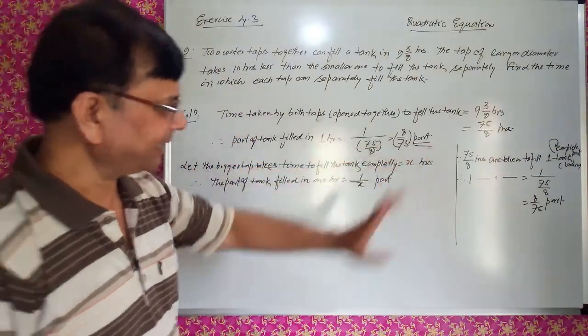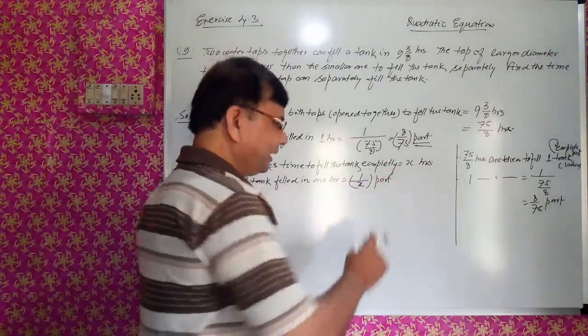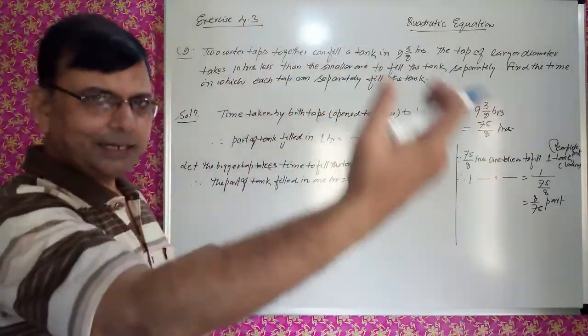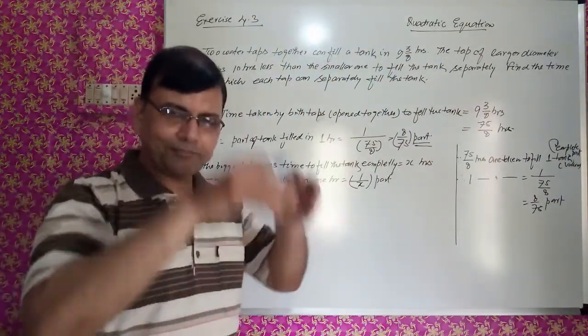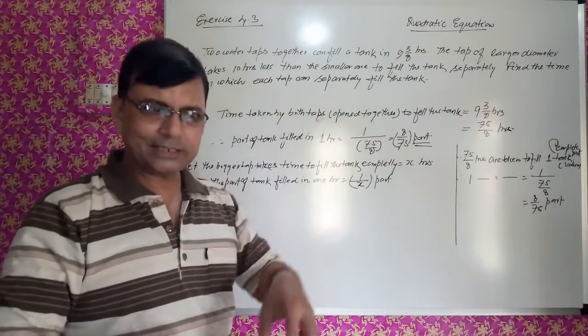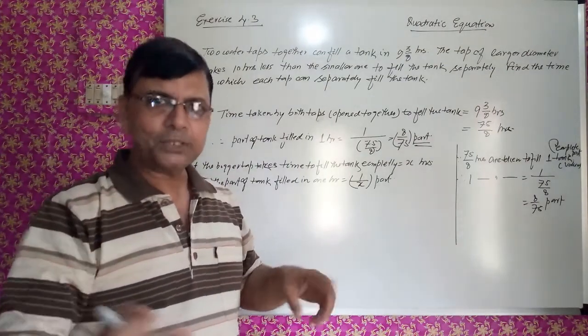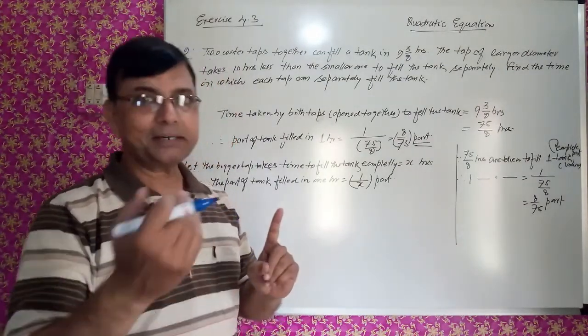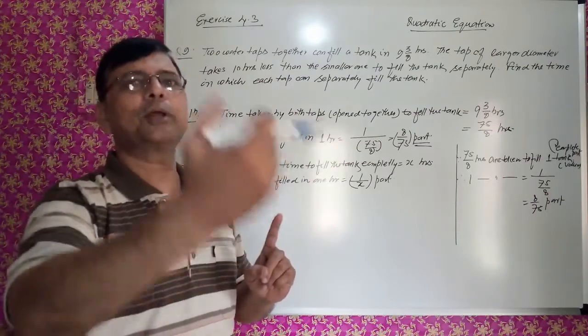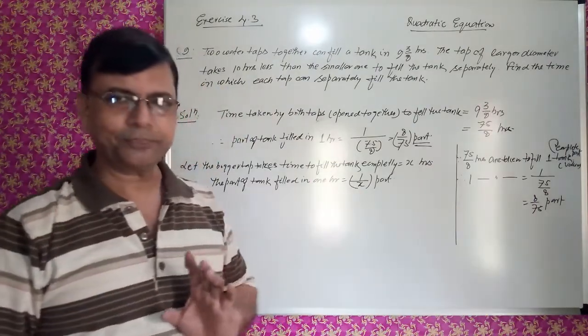Got it? In a similar manner, in X hours it is getting completely filled. If the bigger tap is running and in X hours it is getting completely filled, so in 1 hour, what part of the tank will be filled? That is 1 by X, that I mentioned.